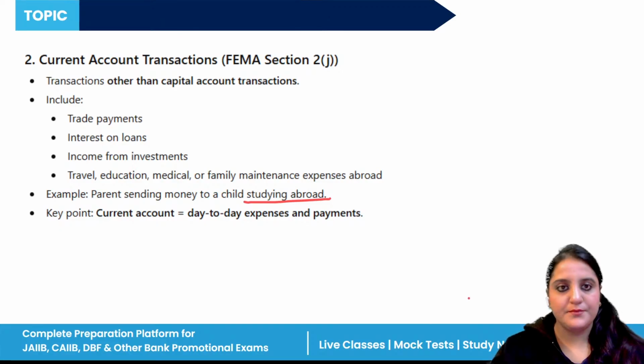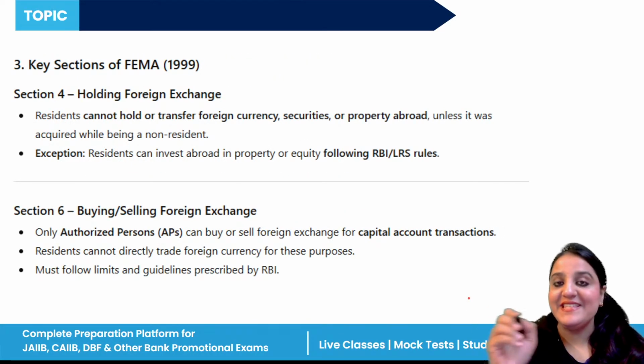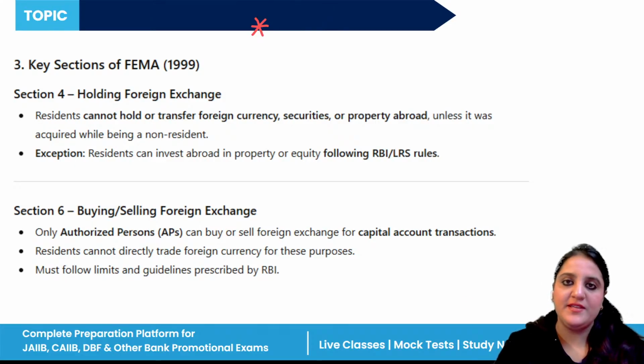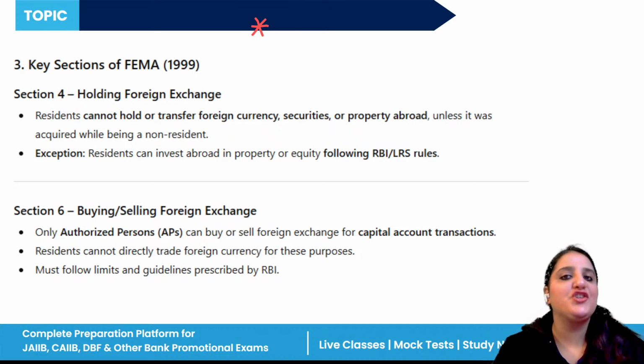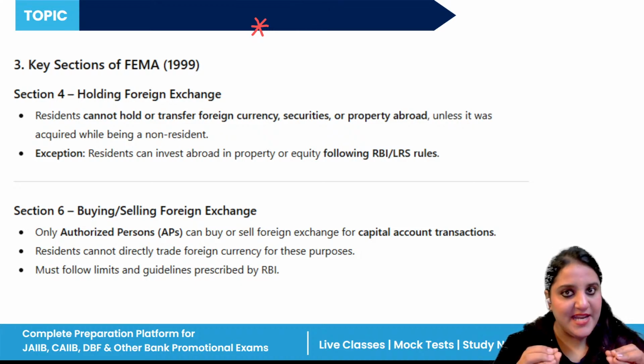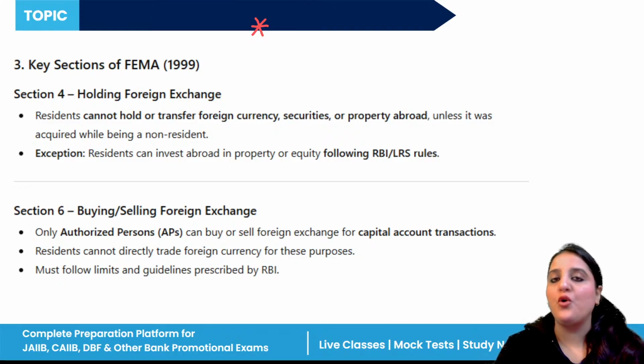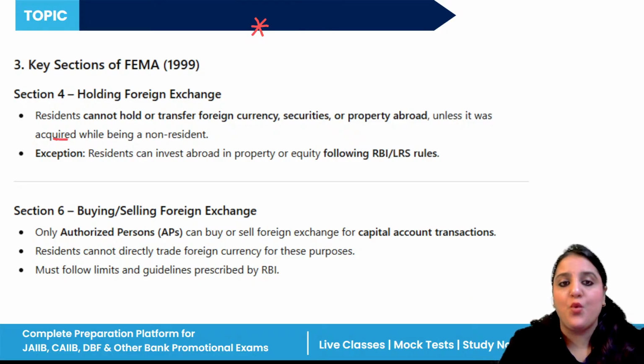Now, what are the key sections of FEMA? Important. First one, section 4 says that if anybody holds foreign exchange, that is a violation of FEMA. Residents are not allowed to hold any type of foreign currency, securities, or property abroad unless it was acquired while being a non-resident.